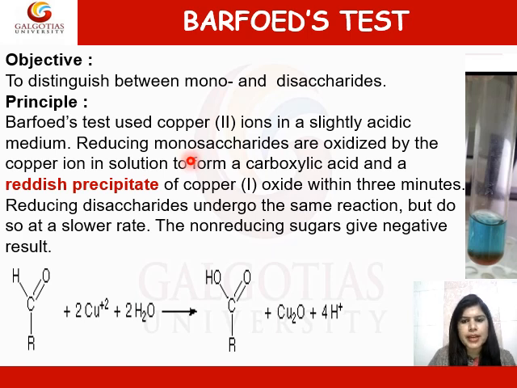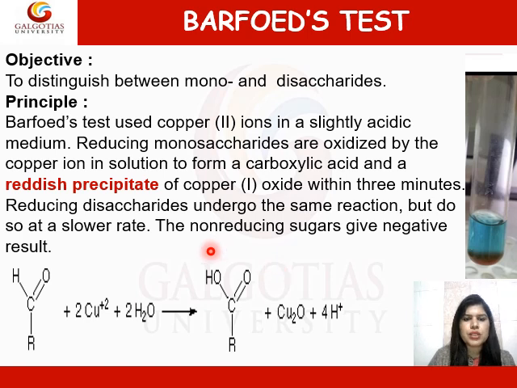Reducing monosaccharides are oxidized by the copper ion in the solution to form a carboxylic acid and a reddish precipitate of copper oxide within 3 minutes. Reducing disaccharides undergo the same reaction but do so at a slower rate. The non-reducing sugar gives this test a negative result.